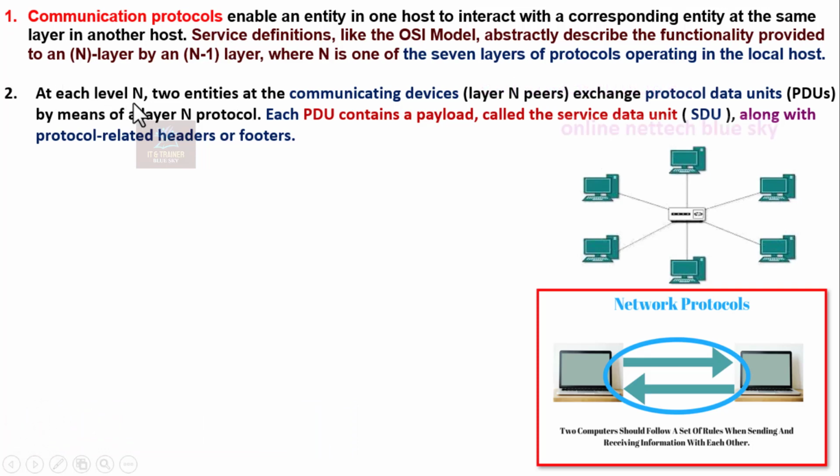At each level, numbers are added for the entire communication device, okay. So for two communicating internet devices, you can see one and two. Layer and peers exchange protocol data units, called PDU. Some protocols are added in the system, and some protocols are added on one computer, okay.